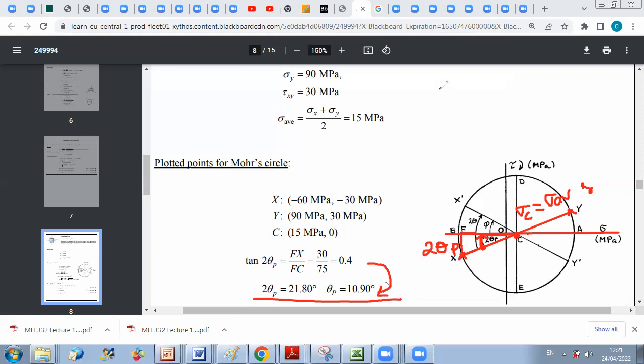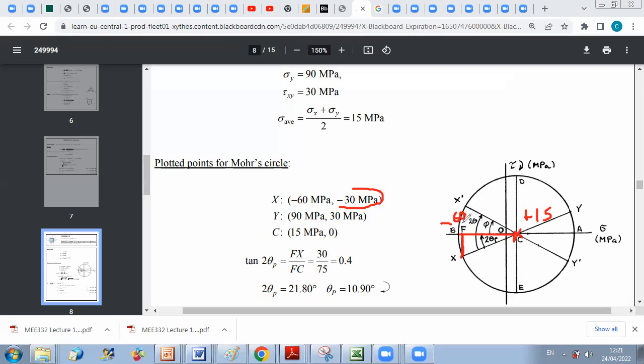How to get FX and FC? If you look at the figure, FX is equal to the absolute value of tau x, which is 30. And once you determine the coordinates of C, the coordinate of C is plus 15, and the coordinate of F here is minus 60.